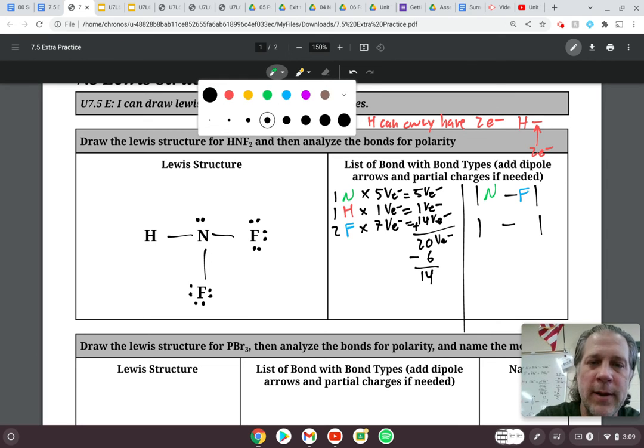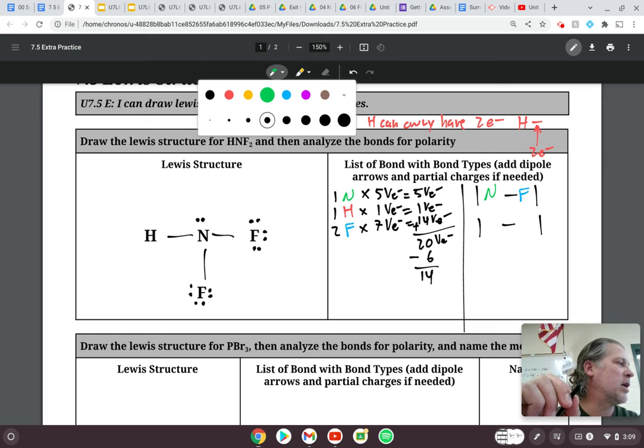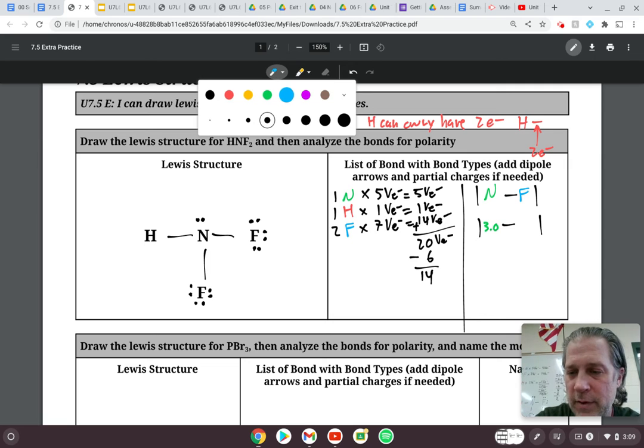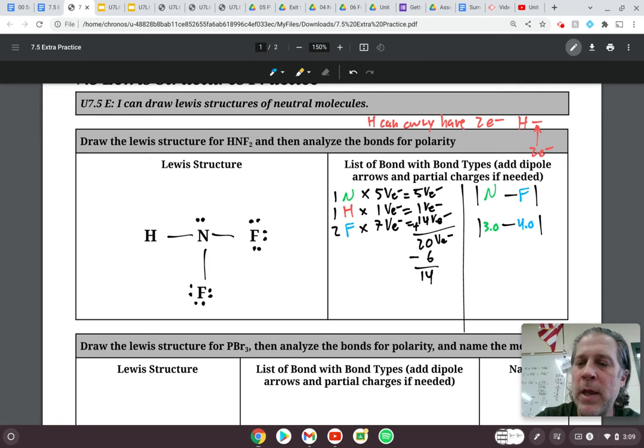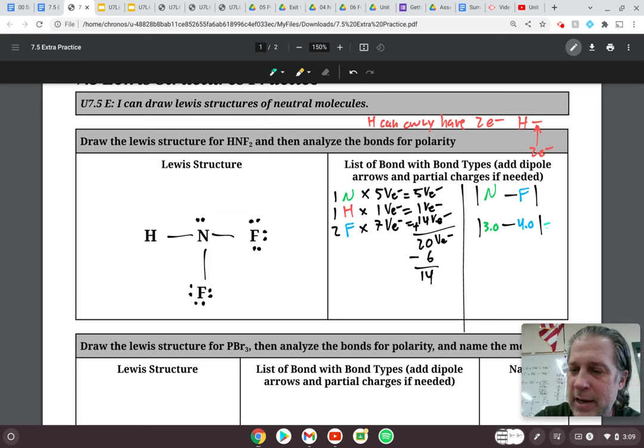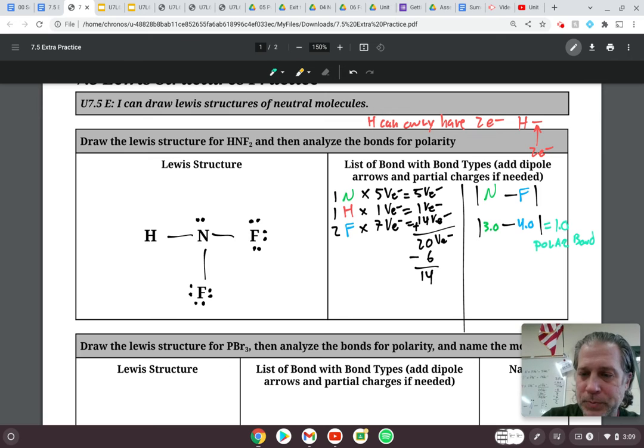Nitrogen's electronegativity, according to the periodic table, is 3.0, and fluorine's electronegativity is 4.0. When I subtract those out, I get a value of 1.0, making this a polar bond.